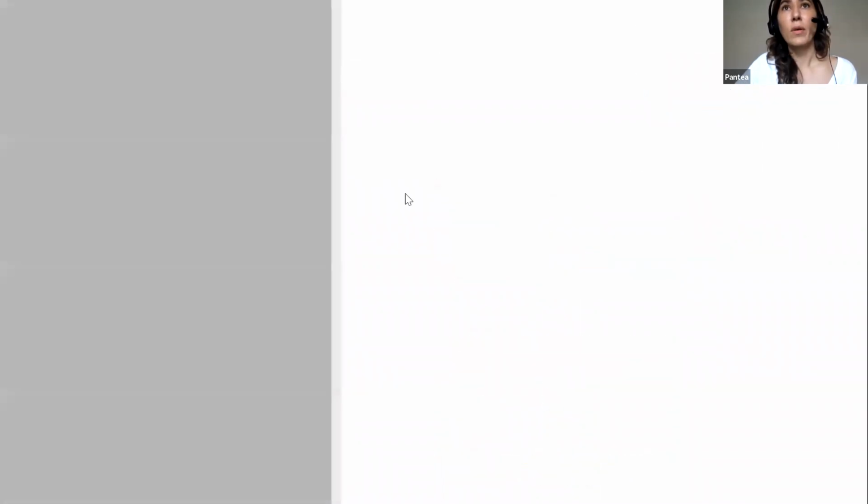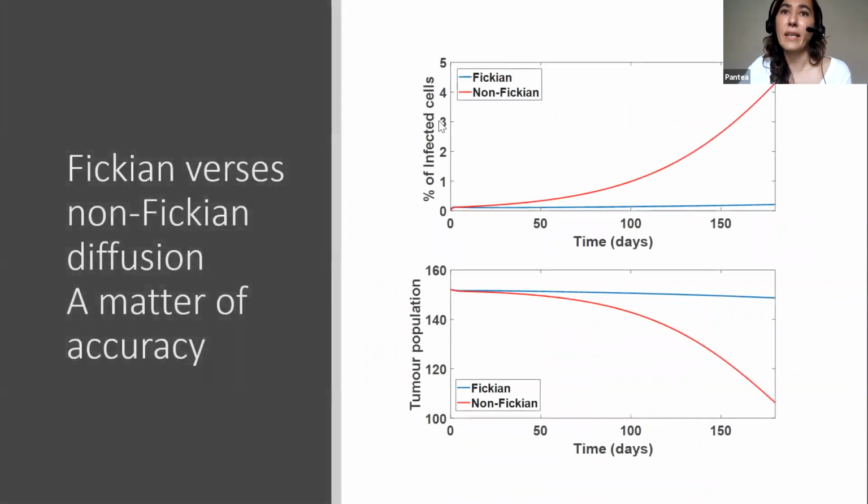So what do we see? Well, if we compare the percentage of infected cells and the tumor population between the two models, in 180 days, the non-Fickian virus actually has a lot more infection than the Fickian virus.